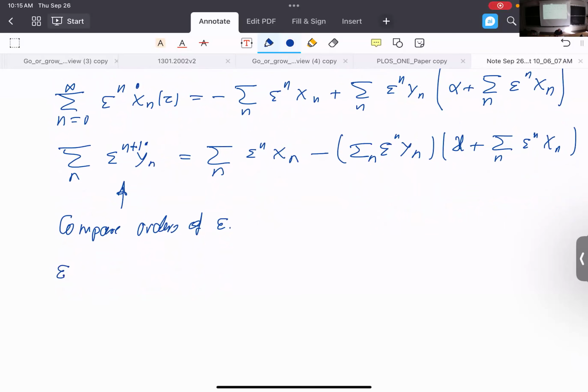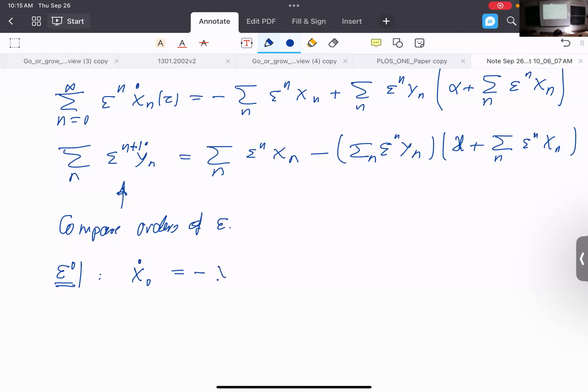The lowest order would be all those terms which have epsilon to the 0 in front. So let's go through all those terms in our expansion and find those which have an epsilon to the 0. On the left, it would just be x0 dot. If we go through the sum, anything else is higher, with an epsilon to the 1 or 2 or 3. On the other side, same story.